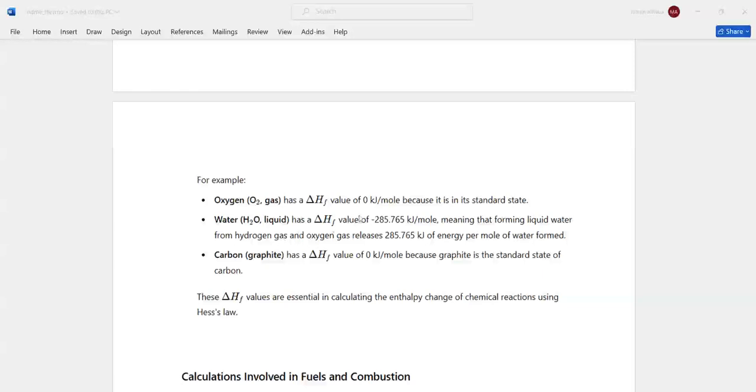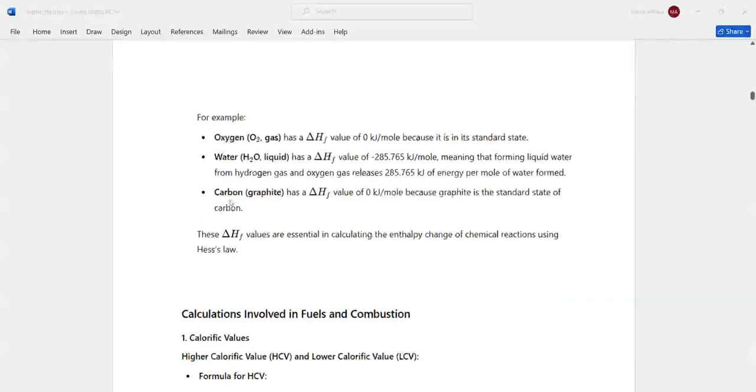Then, now water: if we are forming liquid water, its enthalpy of formation is negative, which means in the formation of water from hydrogen and oxygen, we are going to release heat to the surroundings, equivalent to negative 285.765 kilojoules per mole.